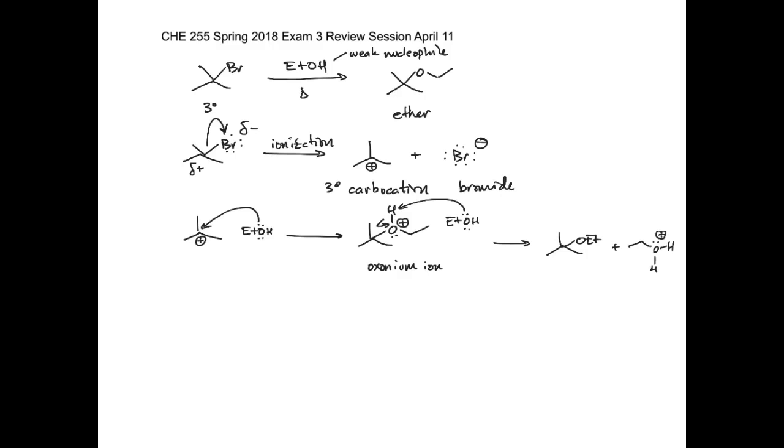So that's how we're ending up with our ether. We balance out our charges there, and we end up with that bromide, which is going to get neutralized during the workup of this reaction.